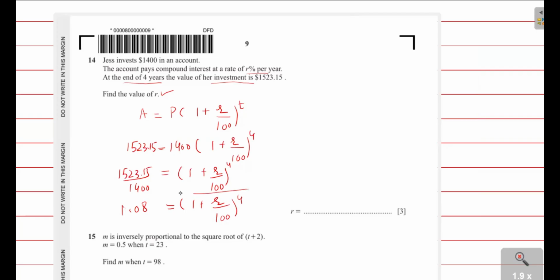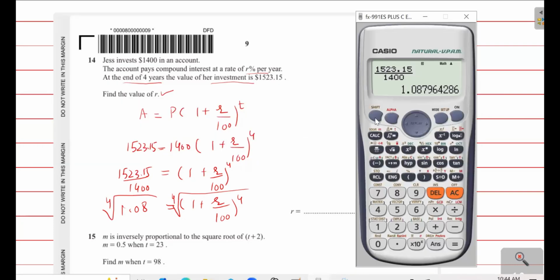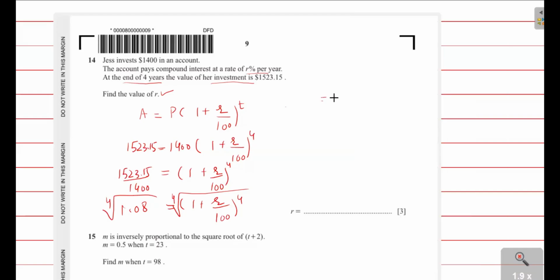Therefore, we will take the fourth root on both sides, and this value will be equal to 1.0213. We write 1.0213, and this is 1 plus R over 100. The fourth root will cancel.